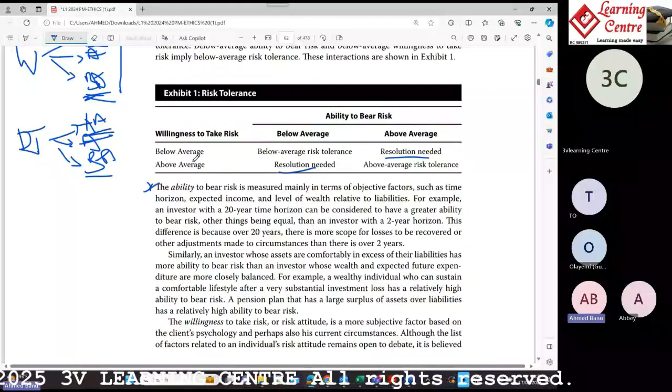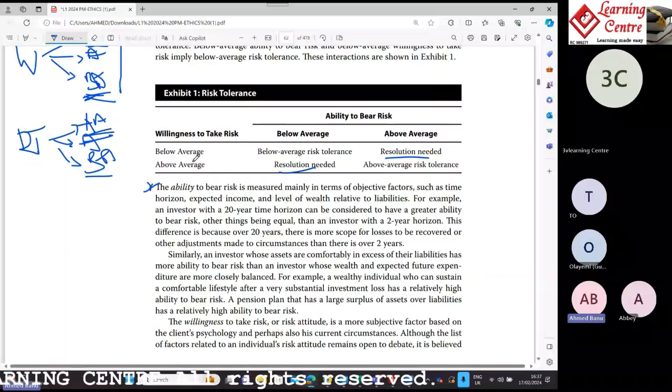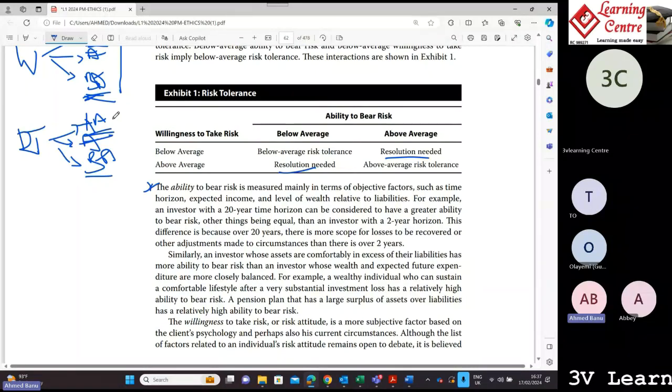He will say, man, what if this money goes at this age? How long will it take me to get 20 million naira back again? Bro, I cannot take risk. No vex, I beg you, let me buy treasury bill. Make I just chill. So that is your ability to take risk. There are things we can use to identify if somebody has the ability. That's why we say ability to take risk is measurable.